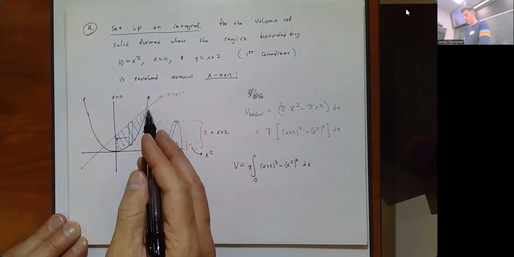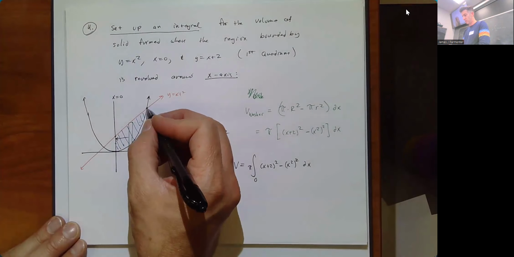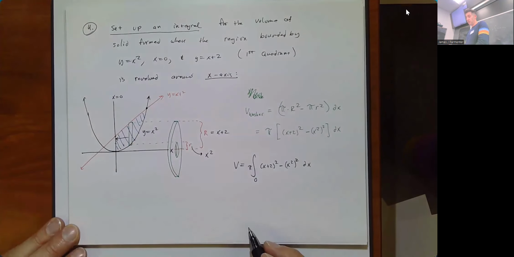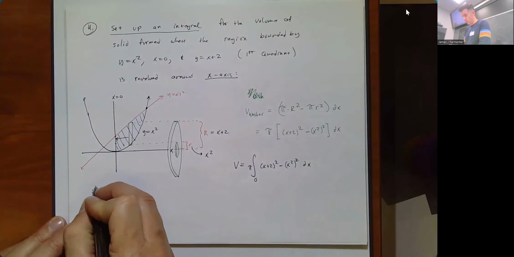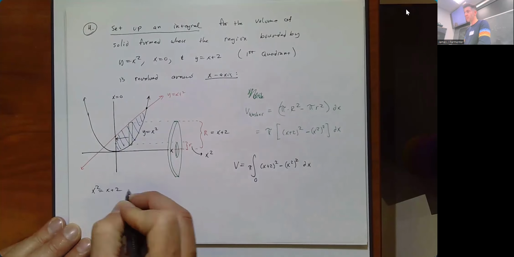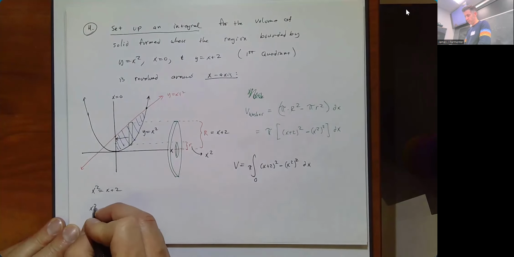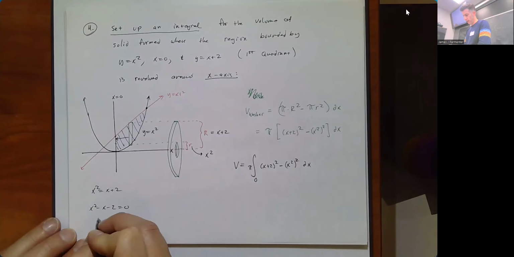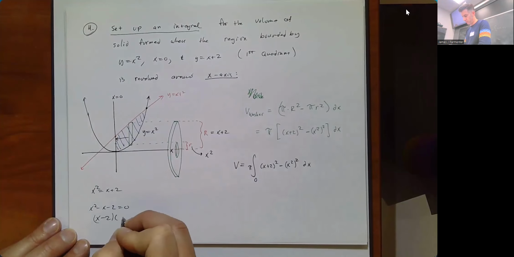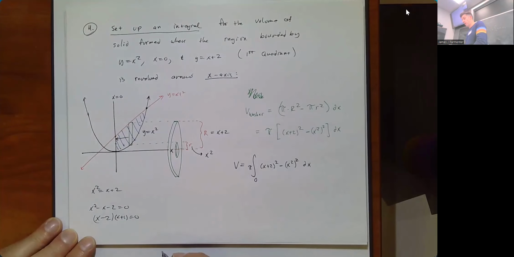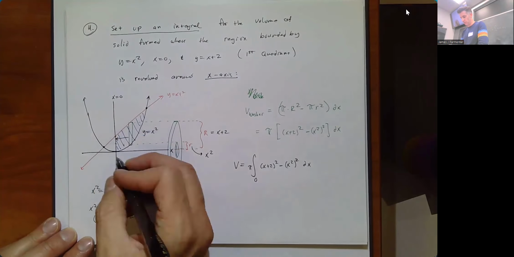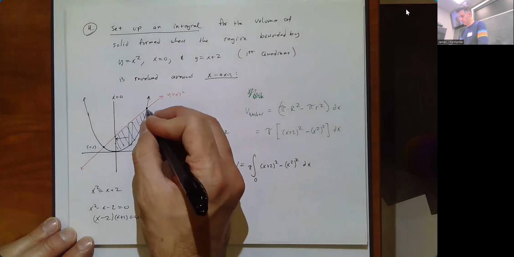But the right limit of integration is wherever these two things intersect. You can either find that by setting the two functions equal to each other and then doing math, factoring some stuff, and getting x equal to 2 or x equal to -1, but the -1 is over here, which you don't need. And the 2 is over here, which you do need.